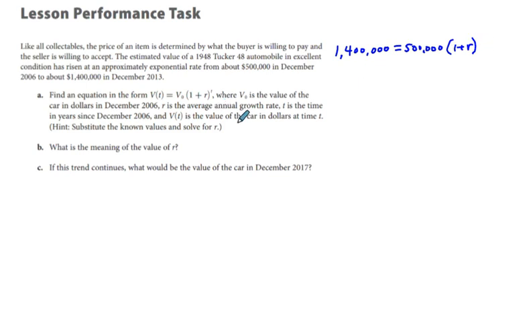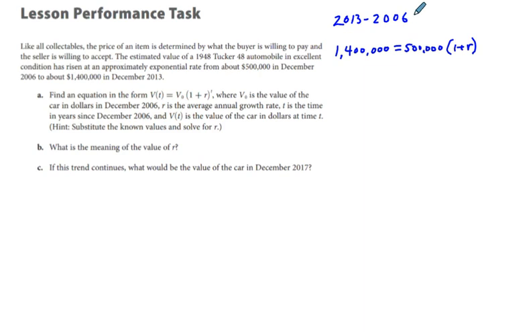Well, t is the time in years. So we're going to go from December 2006 to December 2013. So what we have is 2013 minus 2006.